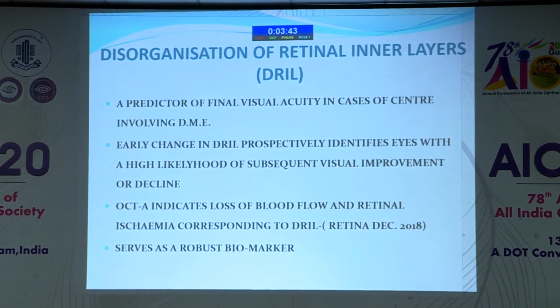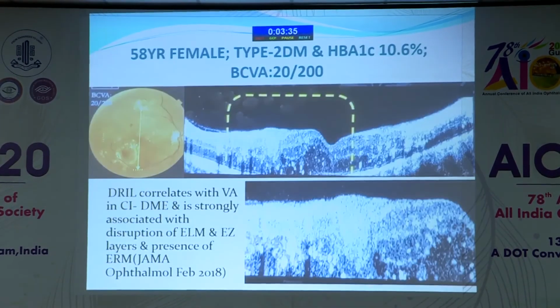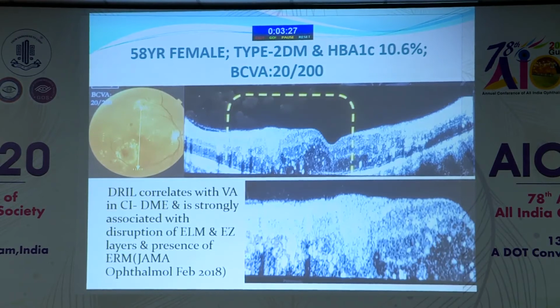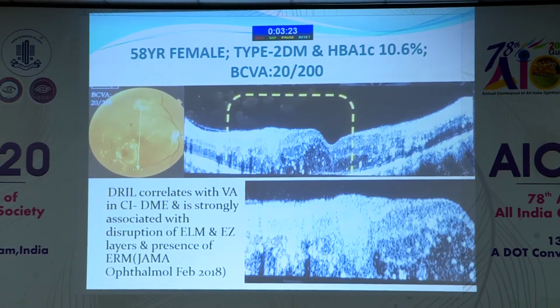OCT-A also indicates a loss of blood flow and retinal ischemia corresponding to the DRIL, and it works as a robust biomarker. So this is a female patient, 58 years, type 2 diabetes, hemoglobin A1C 10.6, and you can see the DRIL, and it correlates with the visual acuity in center-involving DME, and it's strongly associated with the disruption of ELM, ellipsoid zone layers, and the presence of epiretinal membrane.